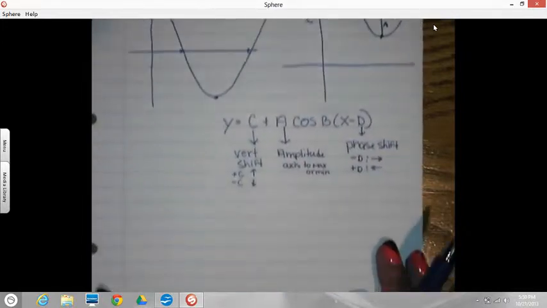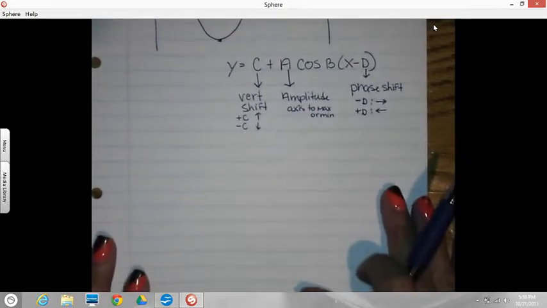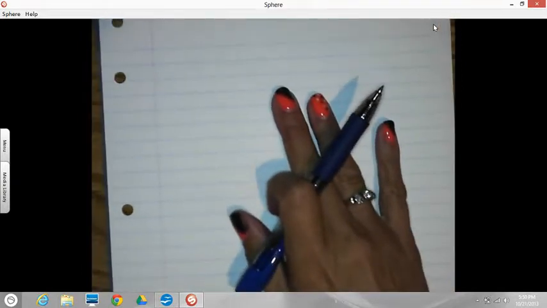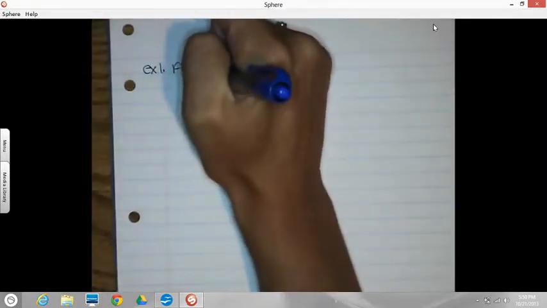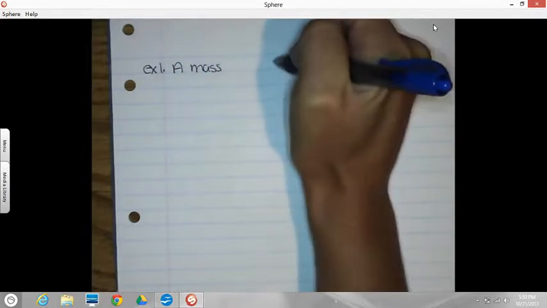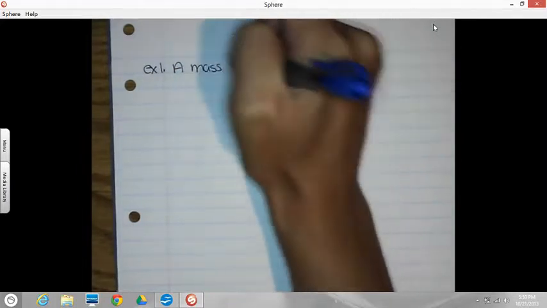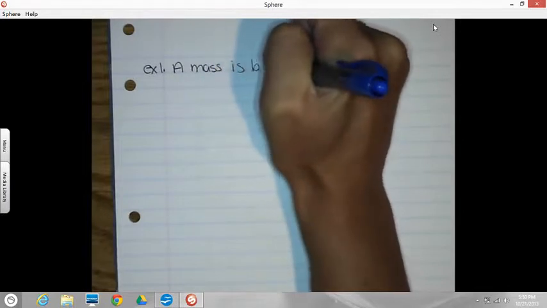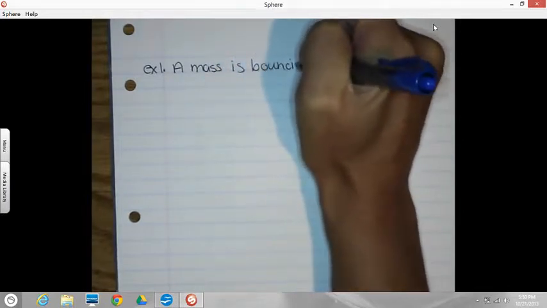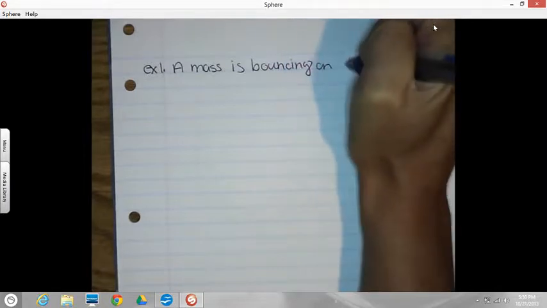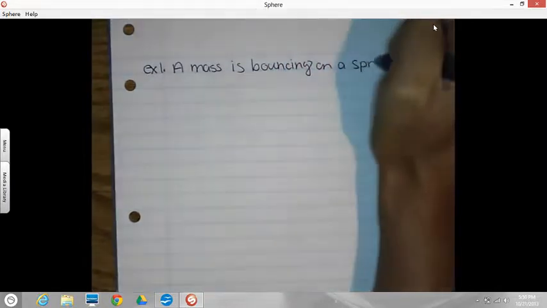So let me give you the first situation. I think I want to start a new paper so I can fit it all on there. And we're only doing 2 examples today, but they're kind of complicated. So we've got a mass bouncing up and down on a spring hanging from the ceiling.